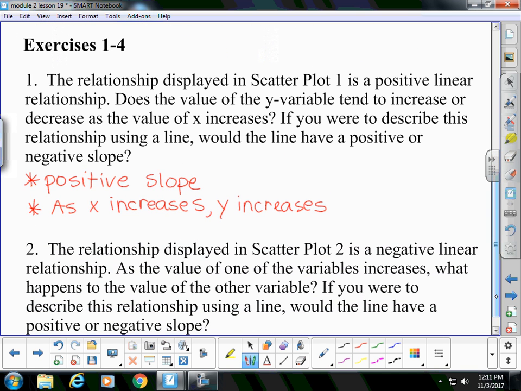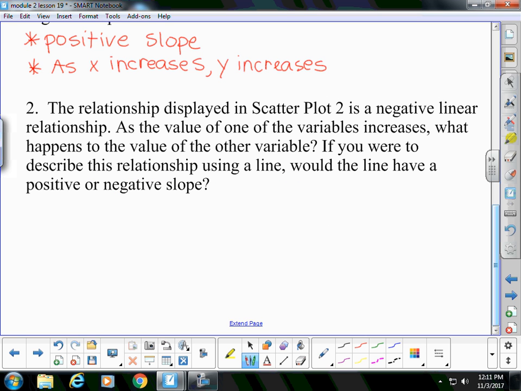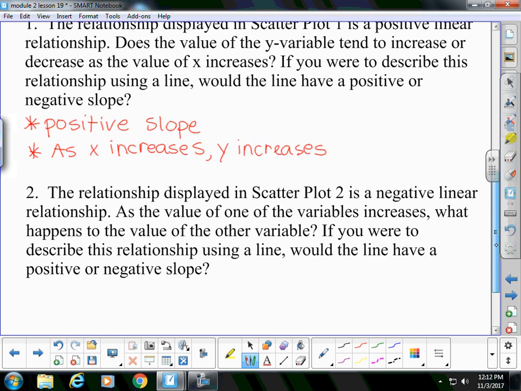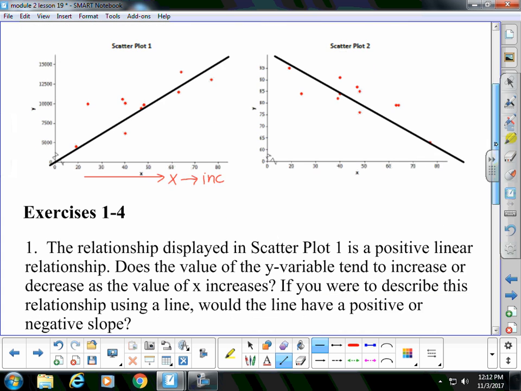Okay, the relationship displayed in scatter plot 2 is a negative linear relationship. As the value of one variable increases, what happens to the value of the other variable? If you were to describe the relationship using a line, would the line have a positive or negative slope? So again, in this one, if I were to draw a line, it would be a negative slope.